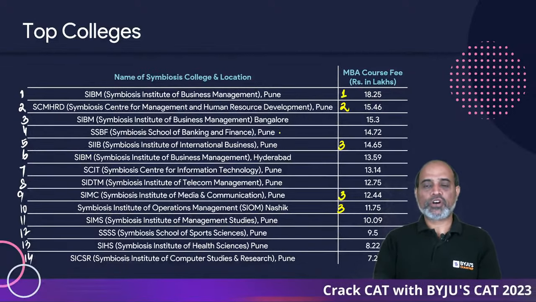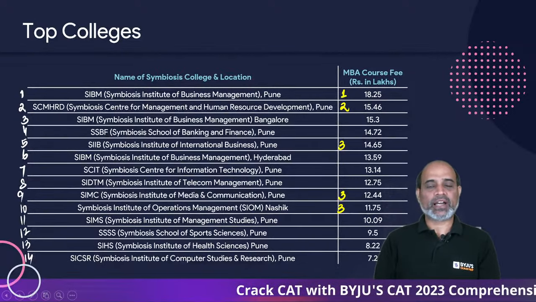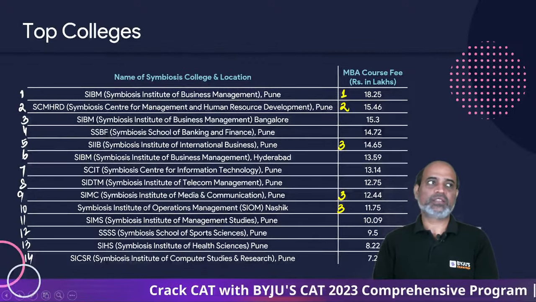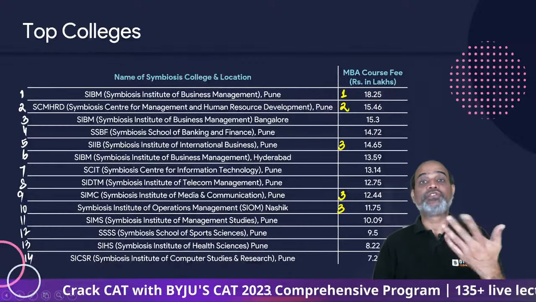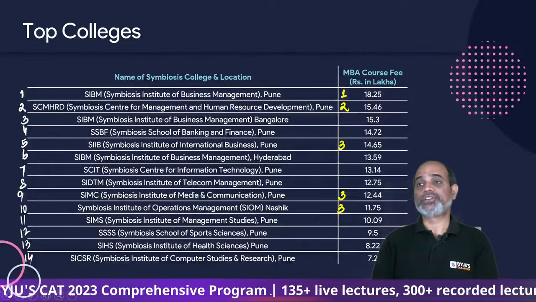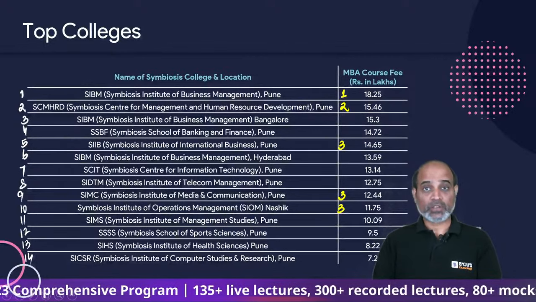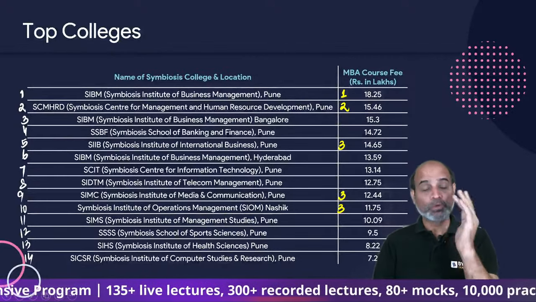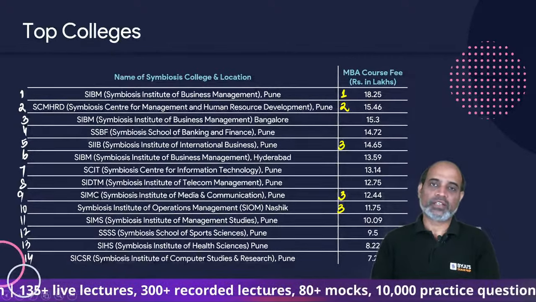Now, you do have colleges which are in Pune, Bangalore, and Hyderabad. Bangalore and Hyderabad have not yet achieved that level of, what should I say, praise or respect that the actual Symbiosis Pune has achieved so far in its lifetime.